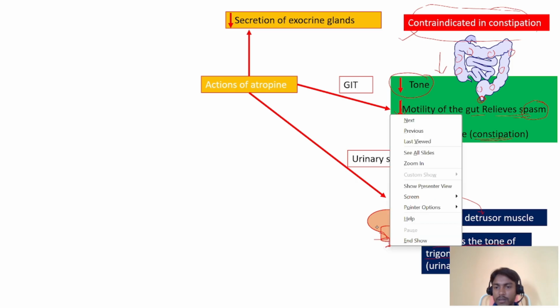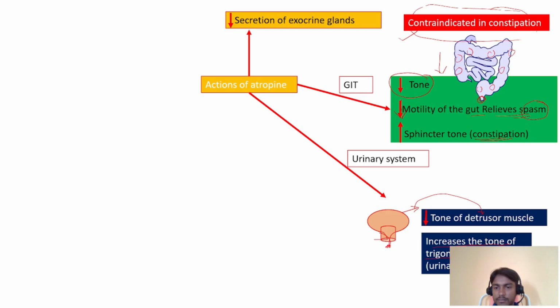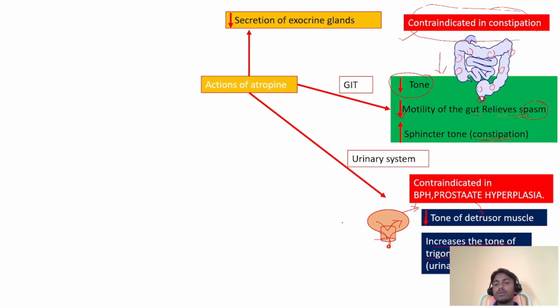Because of this contraction, urine is retained in the urinary bladder and may not flow. Hence, because of this urinary retention, antimuscarinic drugs should be contraindicated in BPH, benign prostatic hyperplasia.